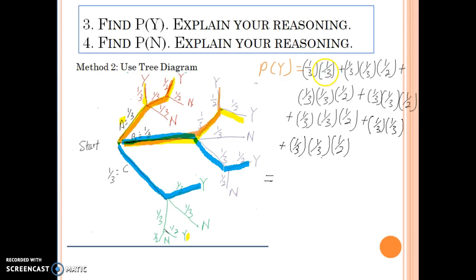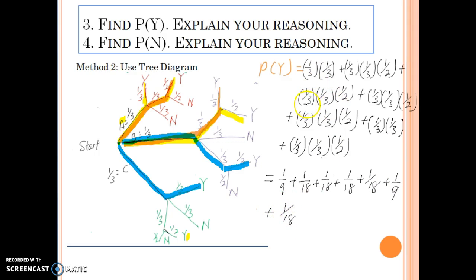This 1/3 times 1/3 is 1/9, plus 1/3 times 1/3 times 1/2 is 1/18, plus also 1/18, plus another 1/18, plus 1/9, plus another 1/18.